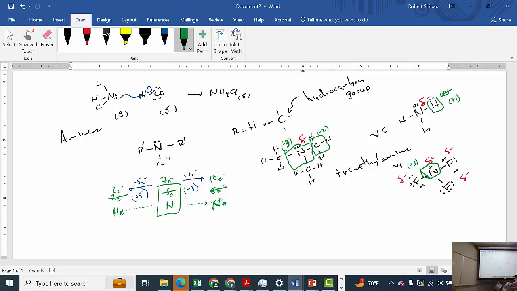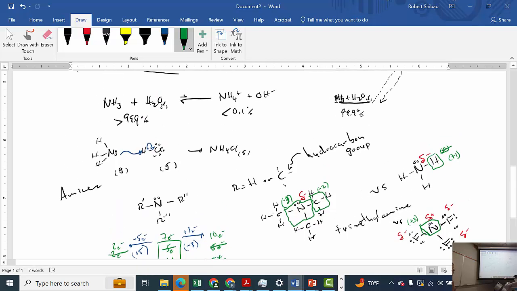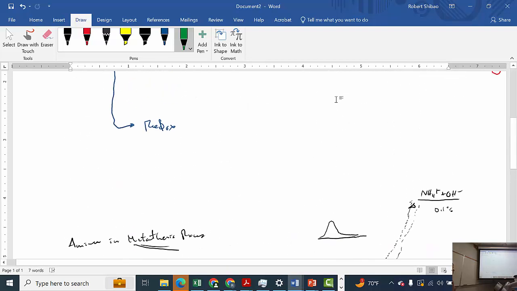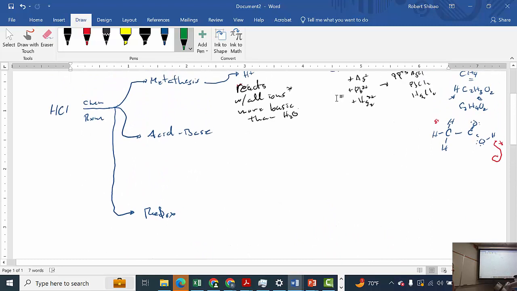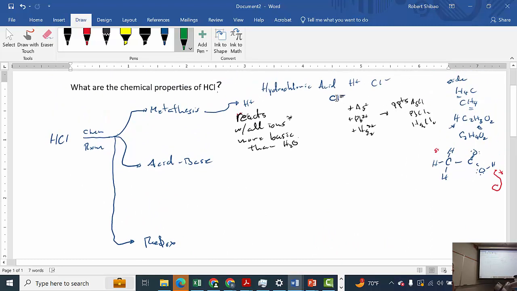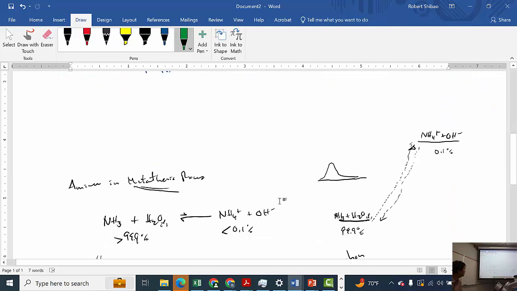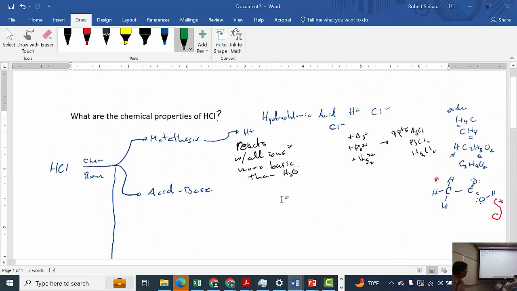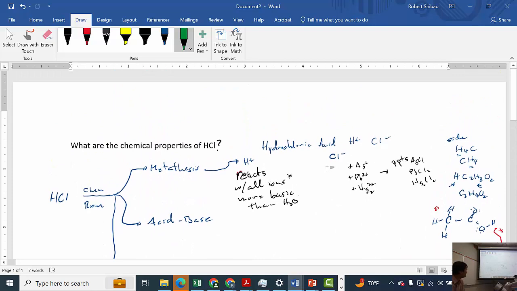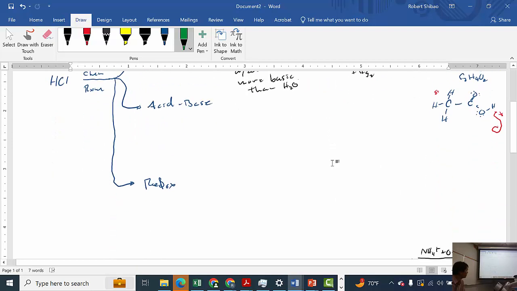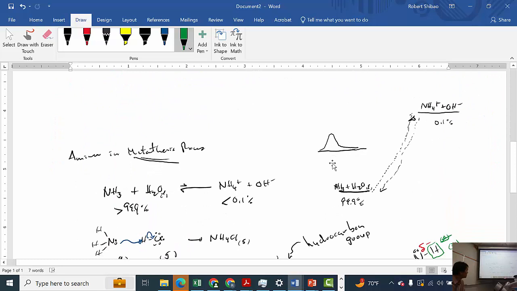All right, these are amines here. So, speaking in strictly the metathesis sense, we're just looking at ions.